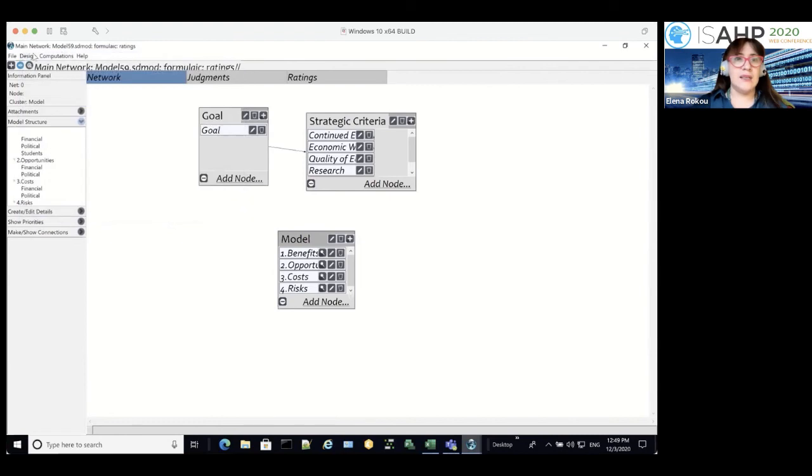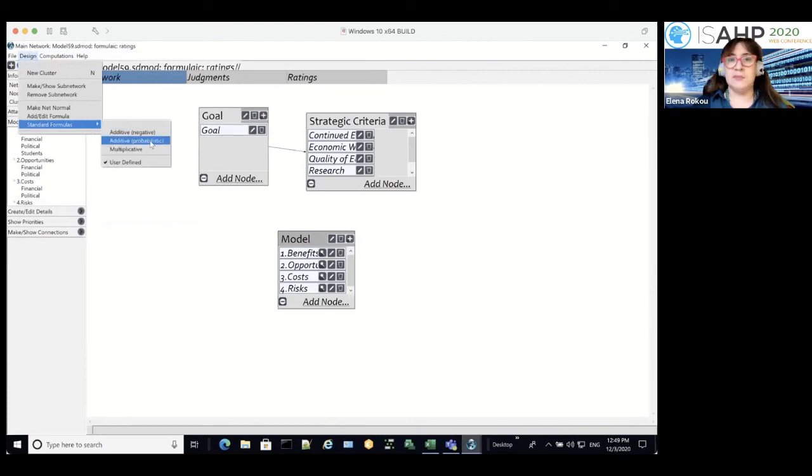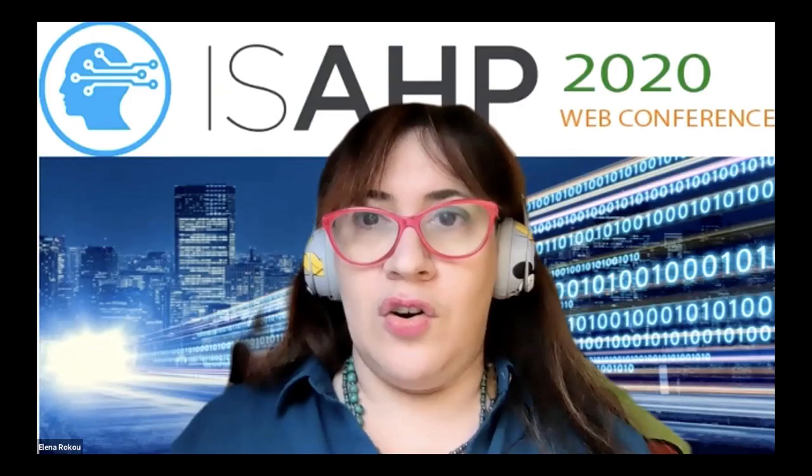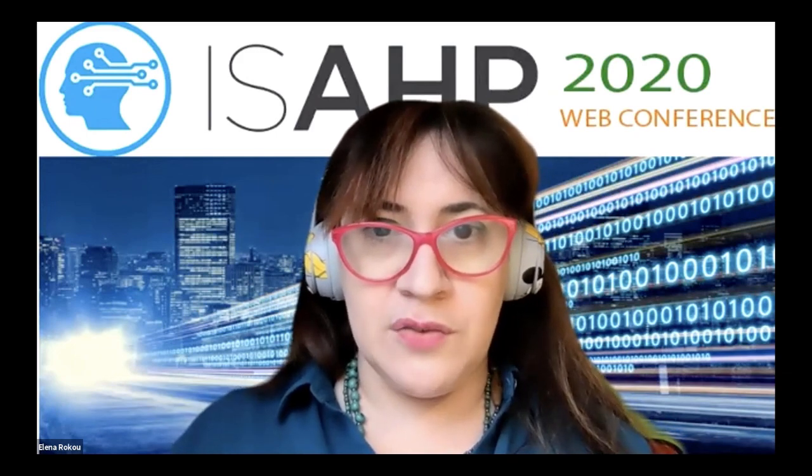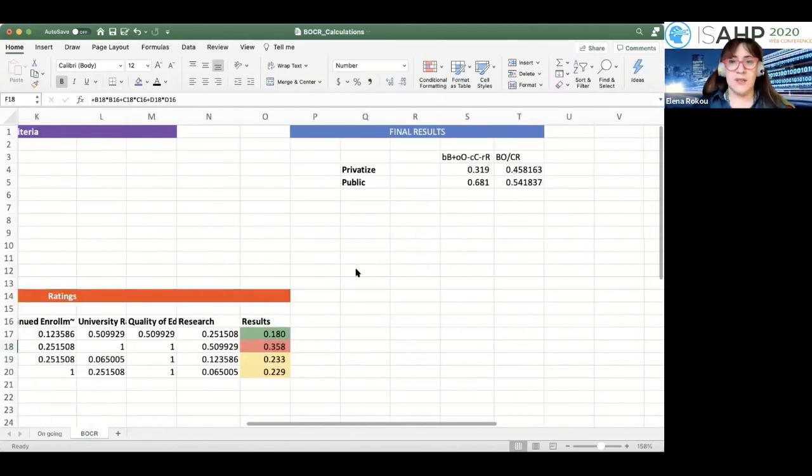And then the standard additive probabilistic multiplicative formula over here. We are going to get our second set of results, and let's see both sets of results, one next to the other, so we can compare and understand what happens.